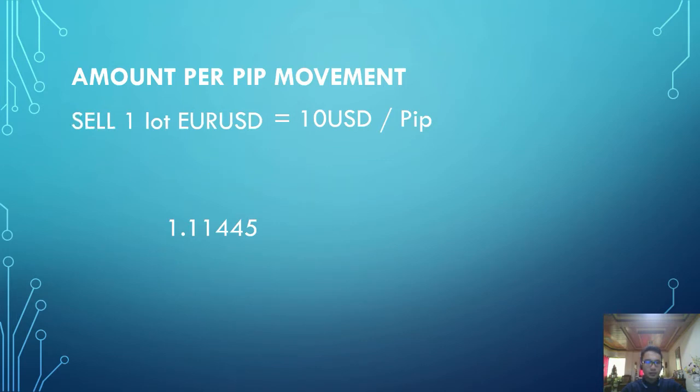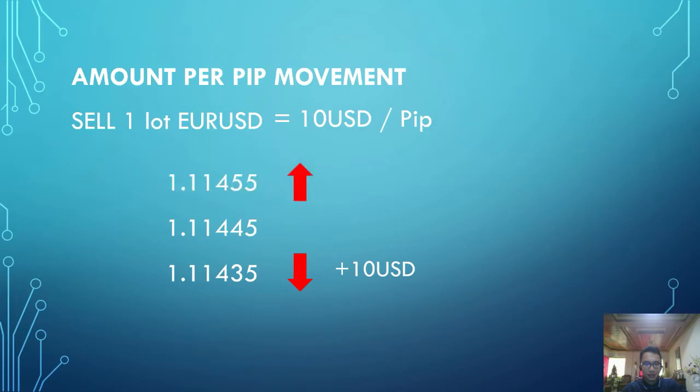So amount per pip movement. Let's say instead of buying, you're selling one lot Euro USD, the movement is 10 USD per pip for Euro USD. So 1.11445, if it goes down by 1 pip, your account is at positive 10 USD.